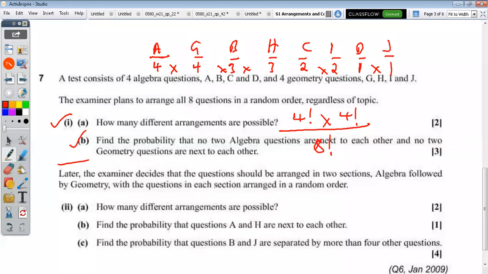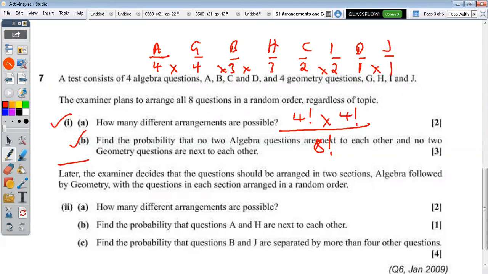Okay, all right, the next section. Maybe the first question, I won't have time for the other. Later, the examiner decides the questions should be arranged in 2 sections, algebra followed by geometry, with the questions in each section arranged in a random order.